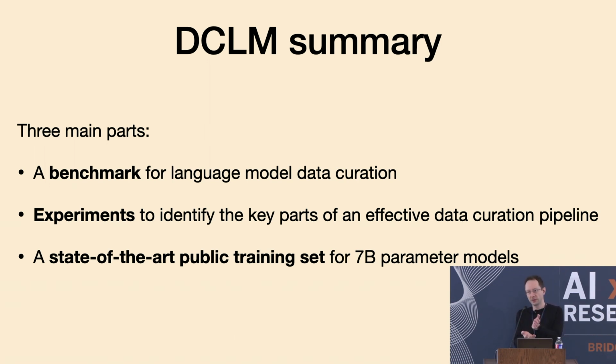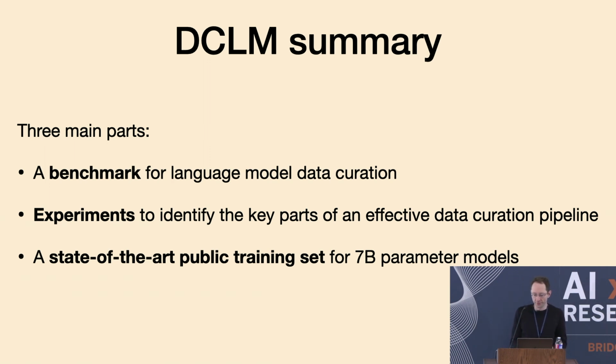Once we have that experimental platform in place, we use it to do a ton of different experiments to compare which parts of our training data pipeline are the most important, and how we can improve the numbers. And then at the end, in order to prove to ourselves that all of this actually makes sense and we understand how to build good training data sets, we took all of our findings and put them together into a public pre-training data set that at the time was state-of-the-art for training 7 billion parameter models.